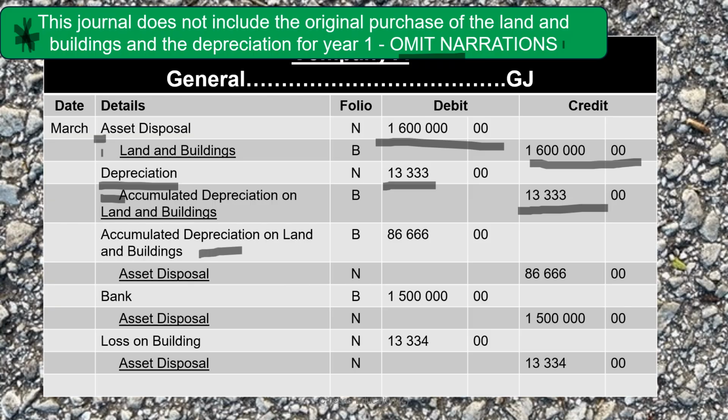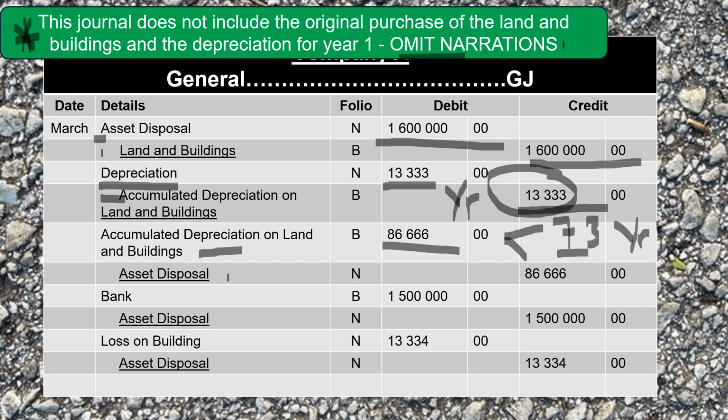I transferred the accumulated depreciation to asset disposal. That consisted there of 73 and this 13, which made it 86. What was the 73? The accumulated depreciation from year 1. This was depreciated up until date of sale from year 2. Add the two together, you get 86.